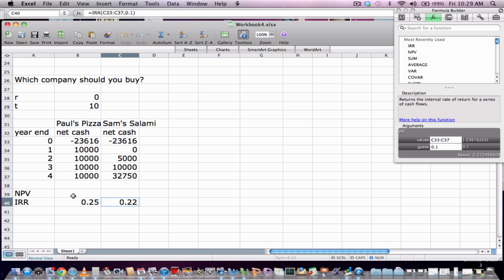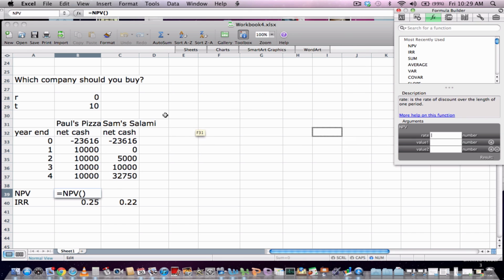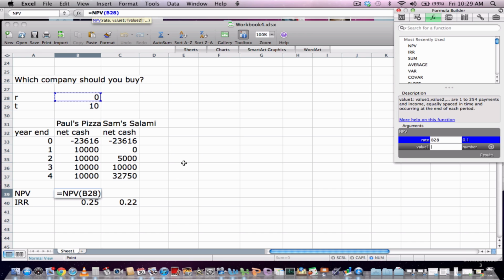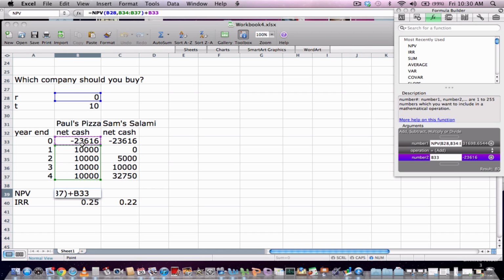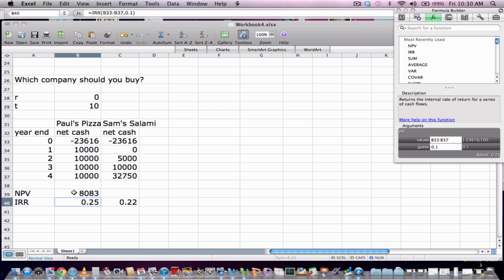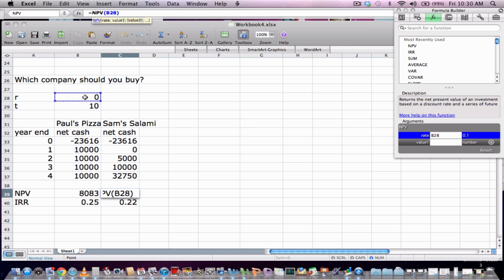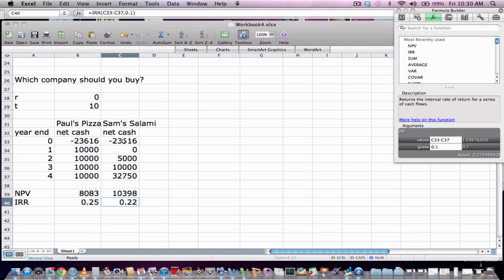From an investor's standpoint, if we do the net present value function at a rate of 10%, that's 0.1 there, and our values from year 4 to year 1 plus our initial investment, this has a present value of around $8,000, whereas Sam's Salami has a present value of approximately $10,000.